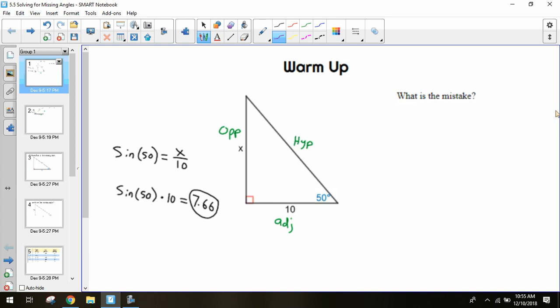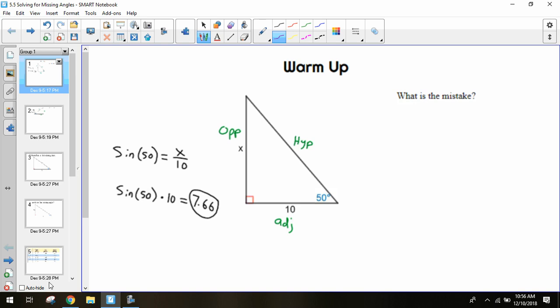So your warm-up is on the board. What do you notice is wrong with this problem? What is the mistake that this person did? They didn't cross multiply. No, they got the sin ratio. They essentially do cross multiply, they just don't show the word.